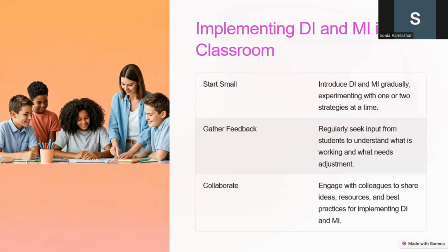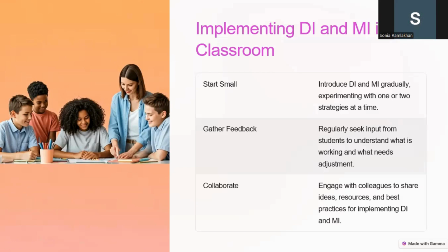We have gather feedback. It's essential to regularly collect feedback from students to assess what is working and where adjustments may be needed. This will help fine-tune the approach to meet their learning needs more effectively.